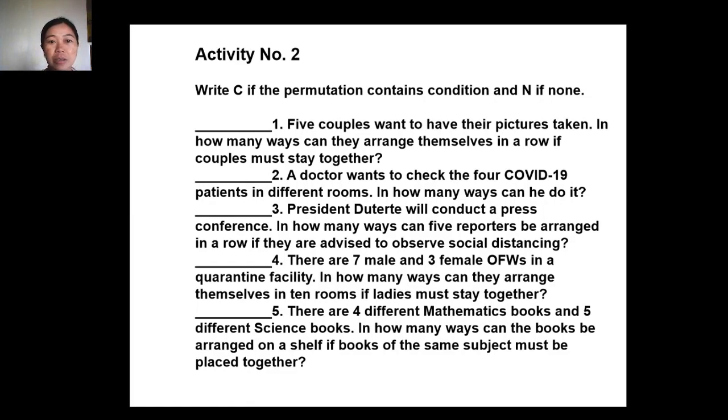So, ayun. Ibig sabihin, the permutation contains condition. So, C if it contains condition, and N if it does not contain condition. So, read and analyze each 5 given situations for permutations.